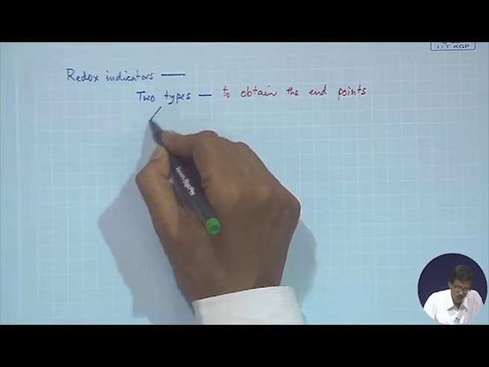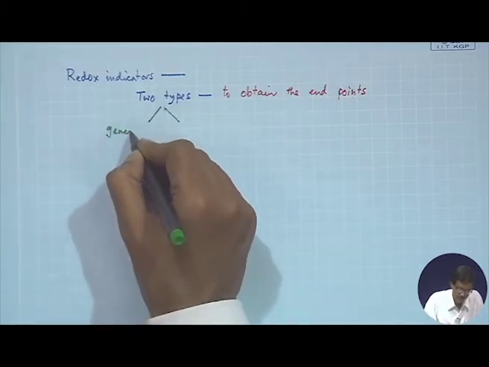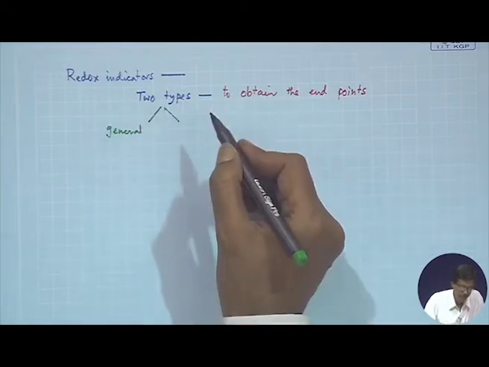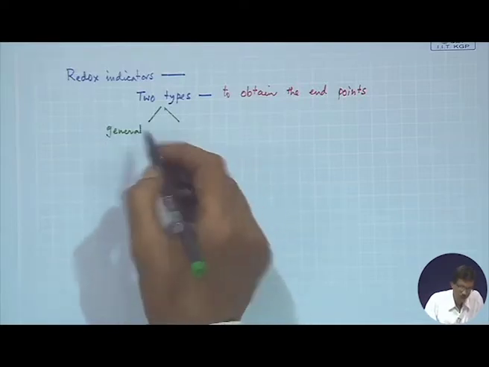So, one of these categories is the general type, the general redox indicator, which can change its color on being oxidized or reduced.